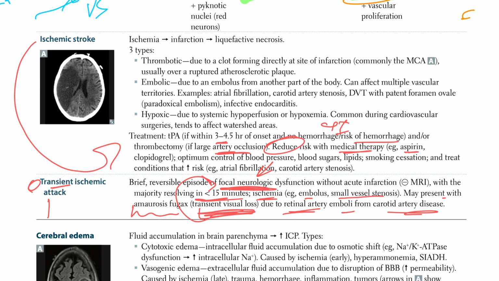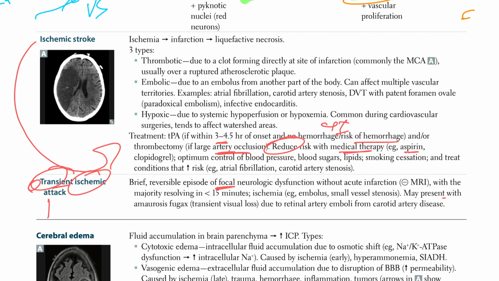Again, why does this happen? Because there's a transient ischemia, but that wasn't enough to cause infarction. There's a transient loss of blood supply locally, only to a single area, not the whole global brain, but only to some specific area.